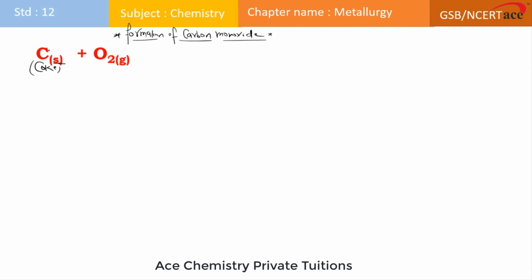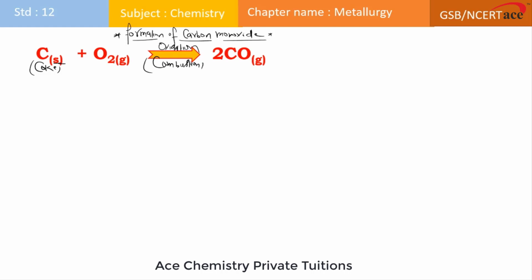This oxygen acts as an oxidizing agent. If a limited supply of oxygen is allowed, then this oxygen combines with the carbon and forms a gaseous product, which is carbon monoxide. Now this process is oxidation, and also a process of combustion.